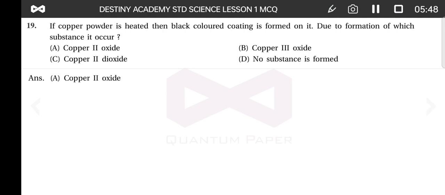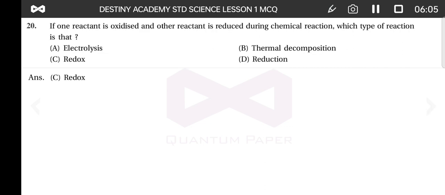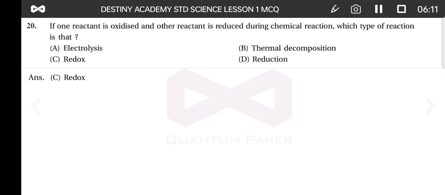If copper powder is heated, then a black colored coating is formed on it due to the formation of which substance? So it is the formation of copper 2 oxide. The color of copper 2 oxide is black, that's why. If one reactant is oxidized and the other reactant is reduced during a chemical reaction, which type of reaction is that?